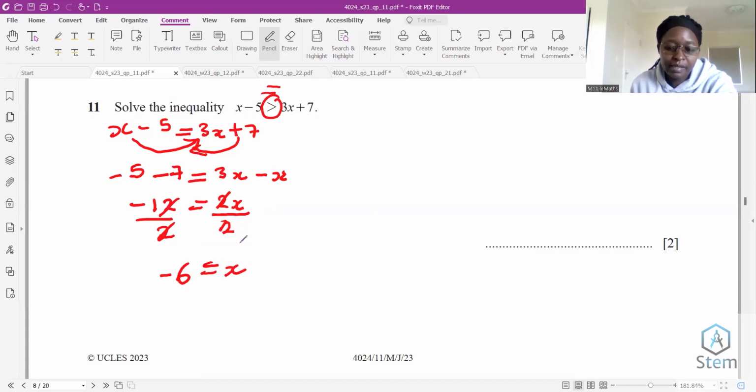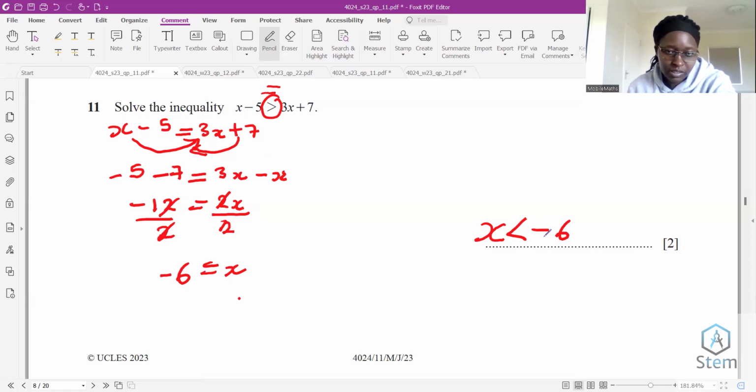Okay, taking my sign now, it was like this. So I can say my x is going to be, is less than actually minus 6. Okay, that's basically what I can say. My x is less than minus 6.